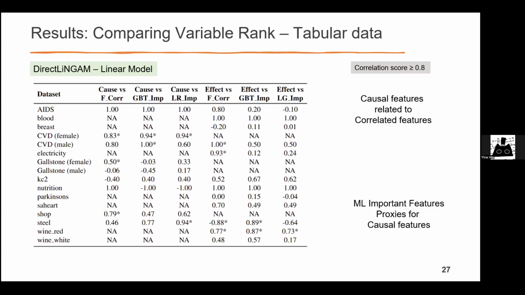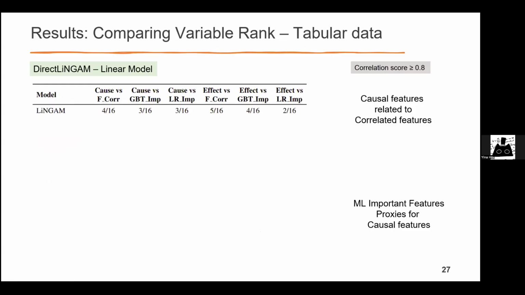Here, a star means the p-value is smaller than 0.05, and NA means the causal model didn't identify any causal or effect variables. To summarize this table, we can count how many datasets have significant correlation scores out of 16 datasets.